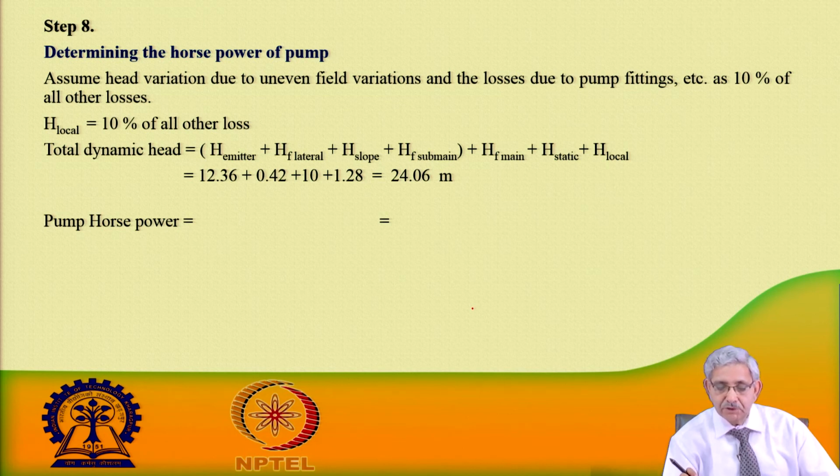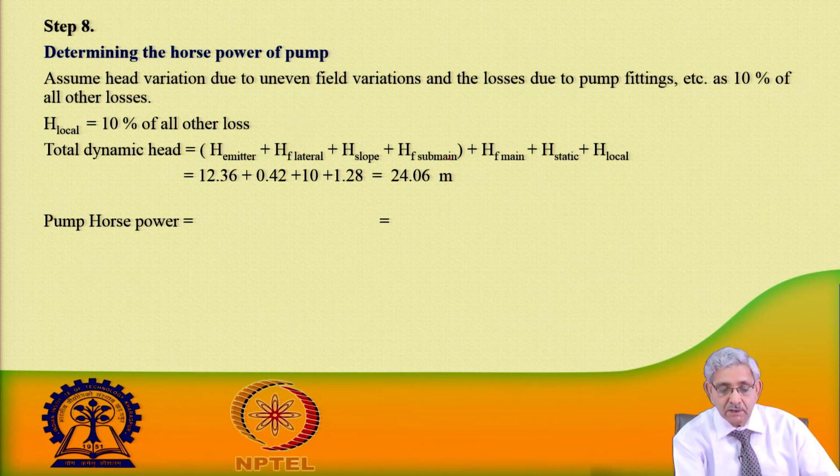So, we are substituting the values. H emitter, that is the head required to operate the emitter, is 10 meter. We have got the HF value of the lateral that we have calculated, we know the slope of the field, and we know the head loss due to friction in the pipeline.